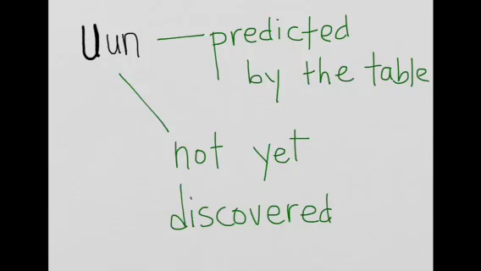So all of the elements that you see in the table that have a three-letter abbreviation belong to elements that are only predicted but not yet discovered. Once they've been discovered, I'm sure they'll get a very nice name.